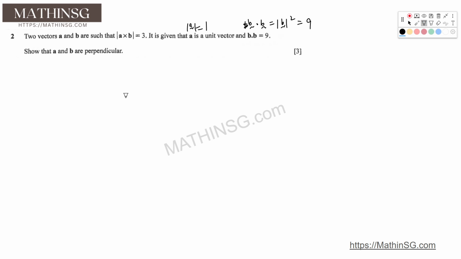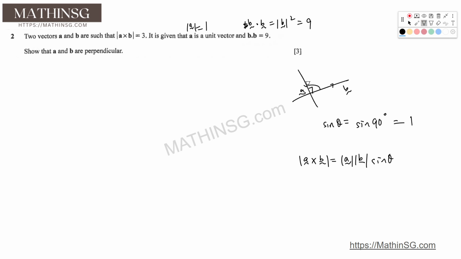So how do we show that A and B are perpendicular? When two vectors are perpendicular, well, you notice that we have a cross product, right? So we know that sine 90 degrees equals 1. Why I use sine is because we know that A cross B is equal to mod A mod B sine theta, where theta is the angle between the two vectors.